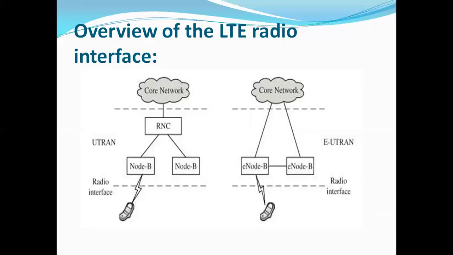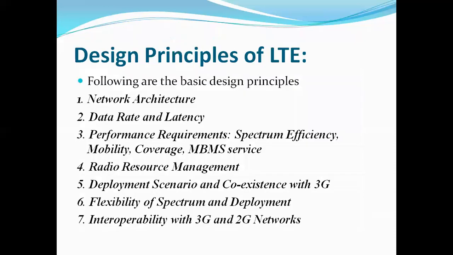The second topic is regarding the design principles of long-term evolution. As we know, long-term evolution was designed primarily for high-speed data services. It is a packet switched network from end to end and has no support for circuit switched services.